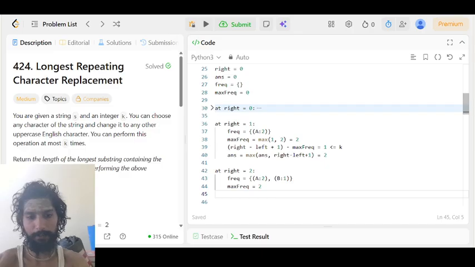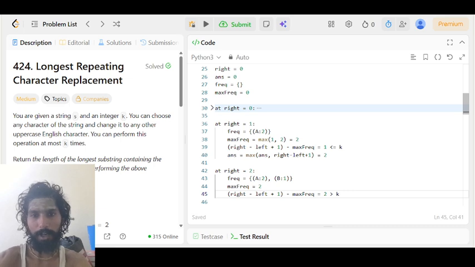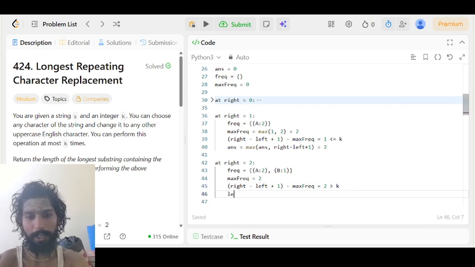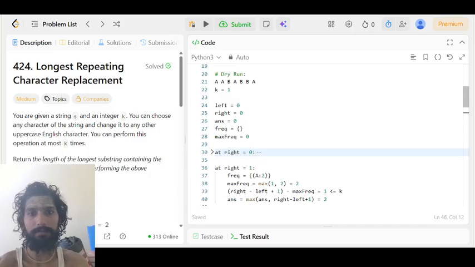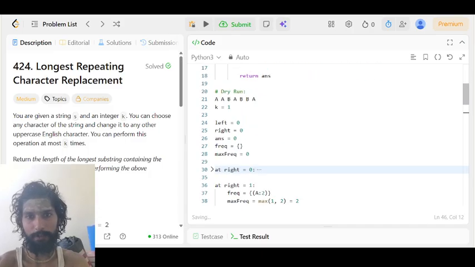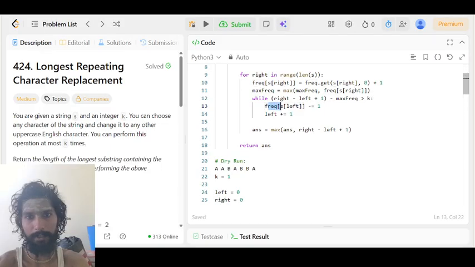And my right minus left plus 1 minus max freq will be equal to 2. And this is now greater than k. So my while loop will start. My left will become, first of all, freq of S left will be minus equal to 1.